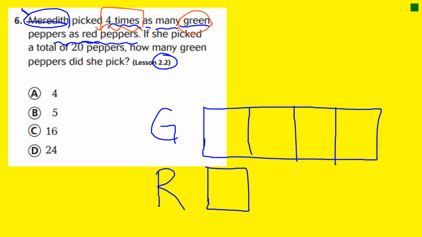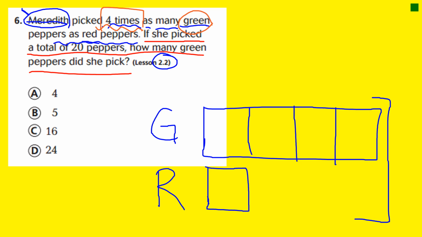And now I have 4 boxes. All right, let's keep checking back into the problem. If she picked a total of 20 peppers, how many green peppers did she pick? Okay, so remember, total means all of these boxes together.